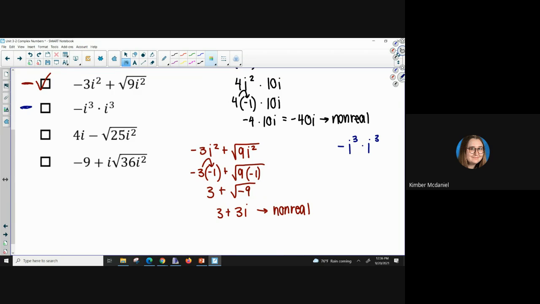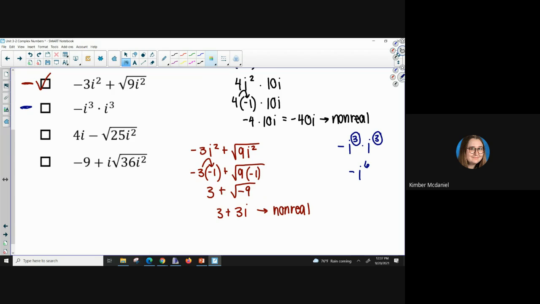However, number 4 on your homework, I think the first answer choice is i to the 8th times i to the 5th. And you need to recognize that you are adding those exponents. So that's the way I'm going to do this one. A negative times a positive is going to be a negative. And since we have common bases, you're going to add these exponents. So I get i to the 6th.